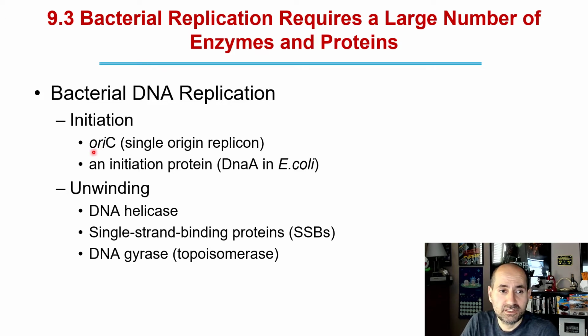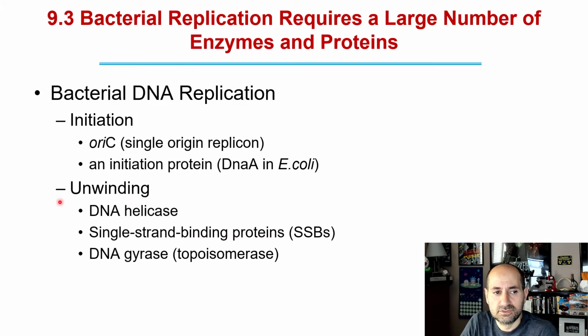Remember, a single origin of replication called oriC, and then there's DnaA in E. coli. This is the initiation protein. You need the initiation protein to bind to the origin of replication in order to recruit helicase and in order to start DNA replication. And from there, DNA helicase will bind, and this is part of unwinding.